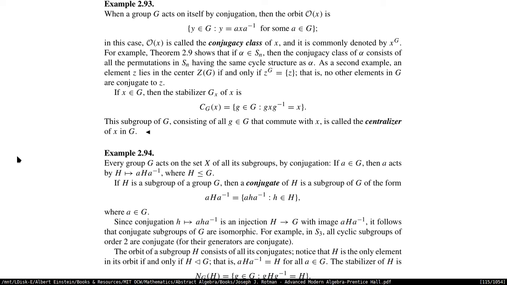Something I wrote down on my tool list that we haven't yet worked with is the subgroups generated by A and B. If that makes any difference.